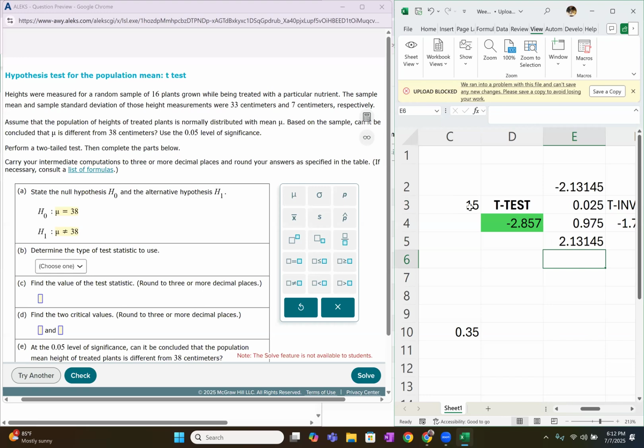So t is greater than the value here, t is less than the value there. Think of it that way. Okay, so the test statistic obviously is the t-test. Degrees of freedom, obviously 15, right? Because it's n minus 1. If there's anything that I'm saying that is sounding weird to you, talk to me.